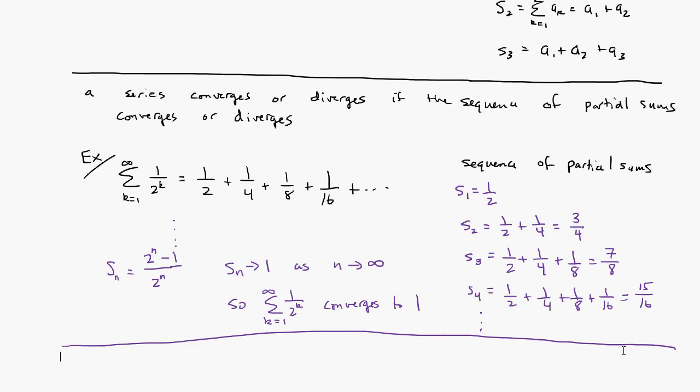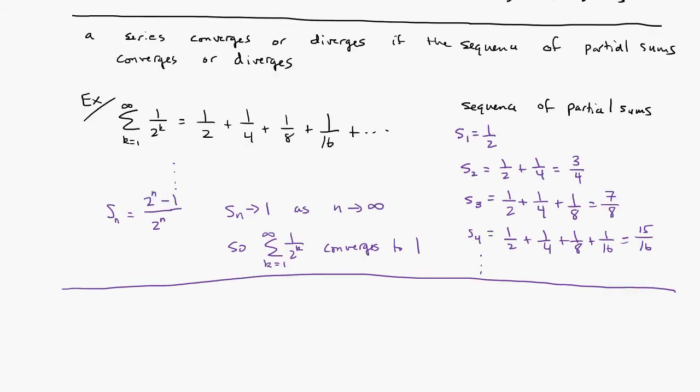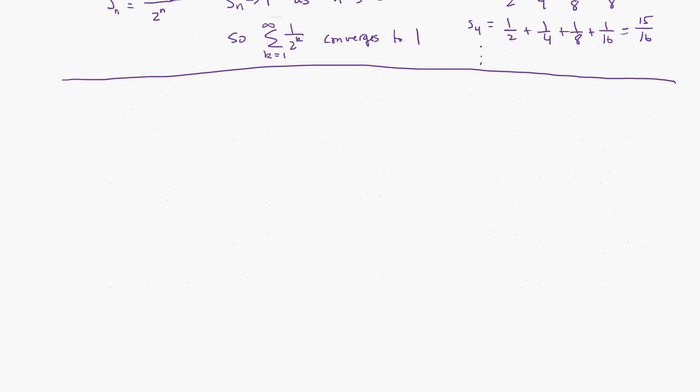Okay, so let's take a look at another example. So let's look at the series sum k equals 1 to infinity of one over k times k plus 1. Okay, so again, let's write out the first few terms.